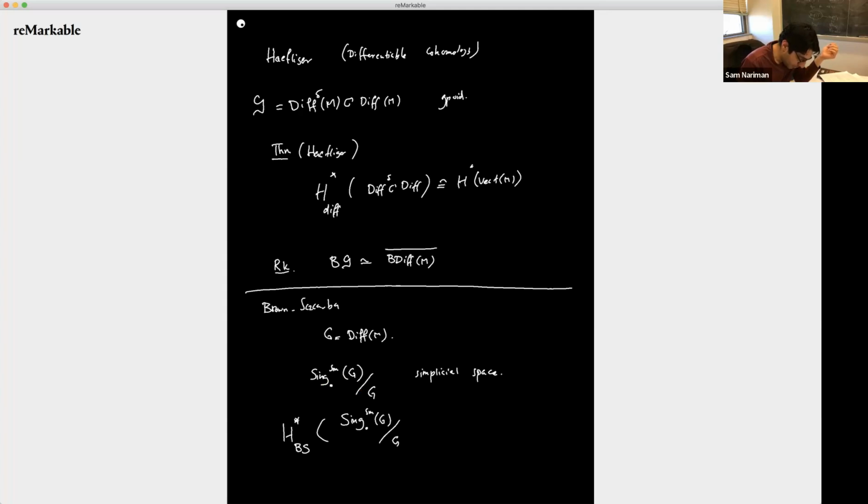If you consider its cohomology, this is also isomorphic to the cohomology of vector fields, it turns out. This is Brown and Szczarba's theorem.